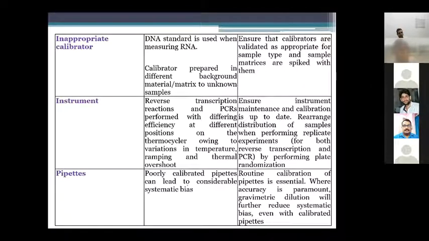So it is very important to routinely calibrate the pipette, which is essential where accuracy is paramount. Gravimetric dilution will further reduce the systematic bias even with a calibrated pipette.